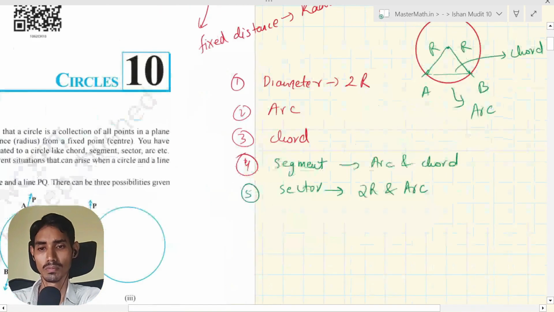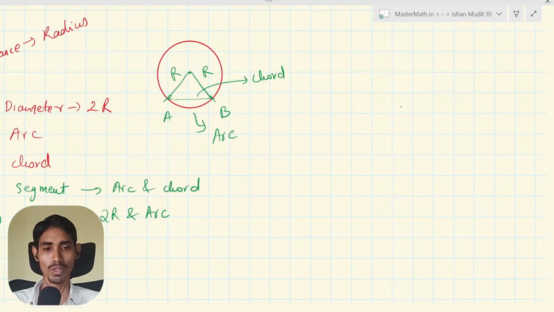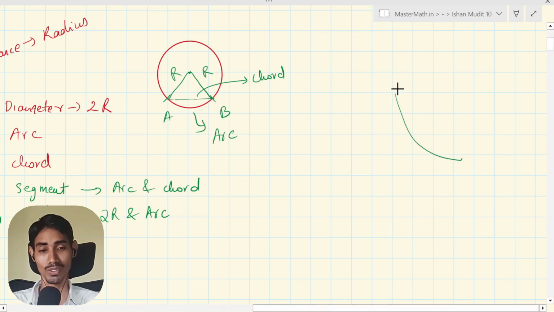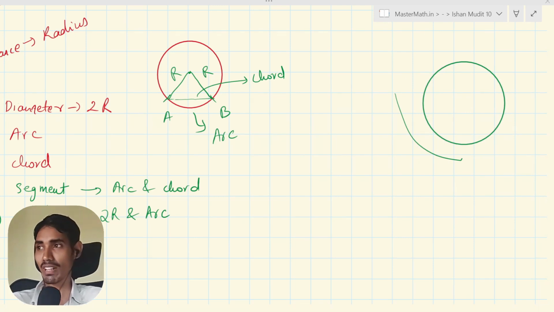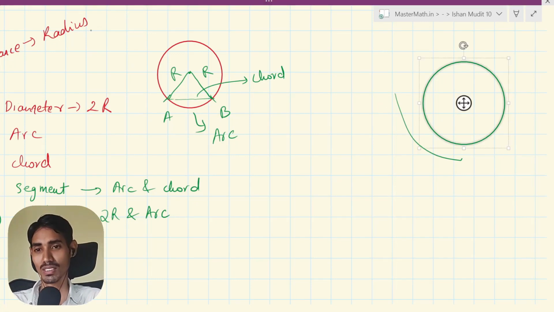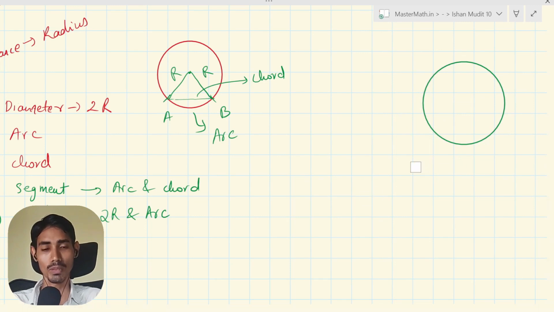Now, how many parts does this circle divide the plane into? So I have drawn this. How many parts does this circle cut this plane into?